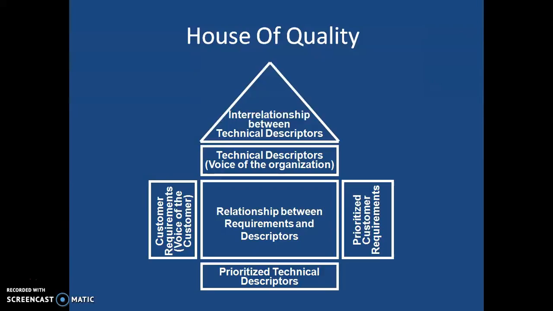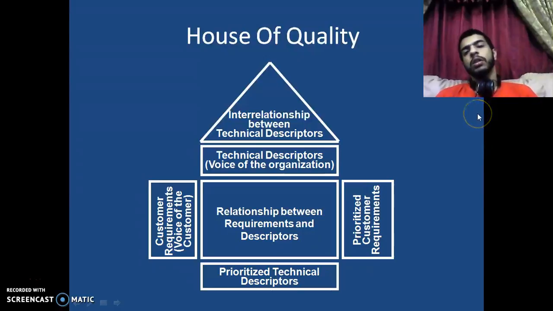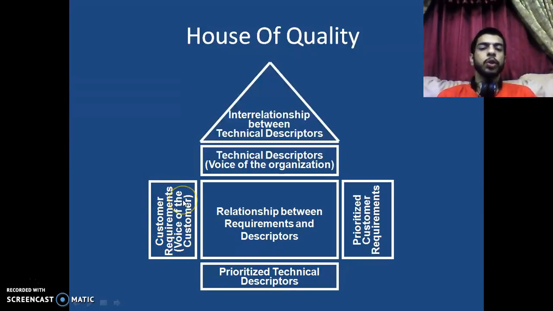Now this is how a simple or a basic house of quality looks like. Here we have customer requirements which we get through the market survey and we list them in order.